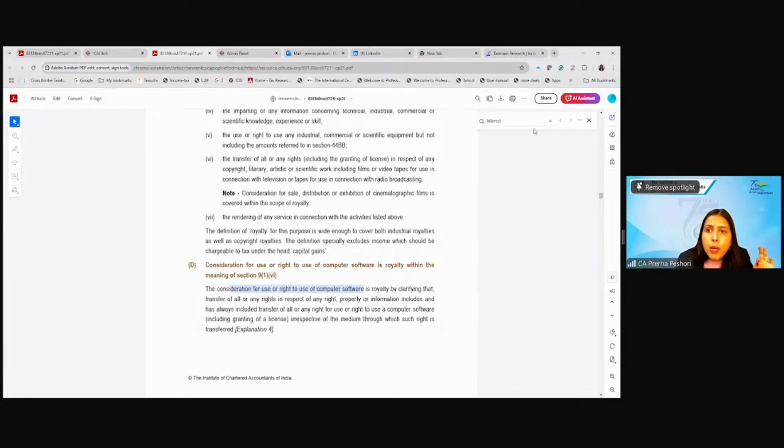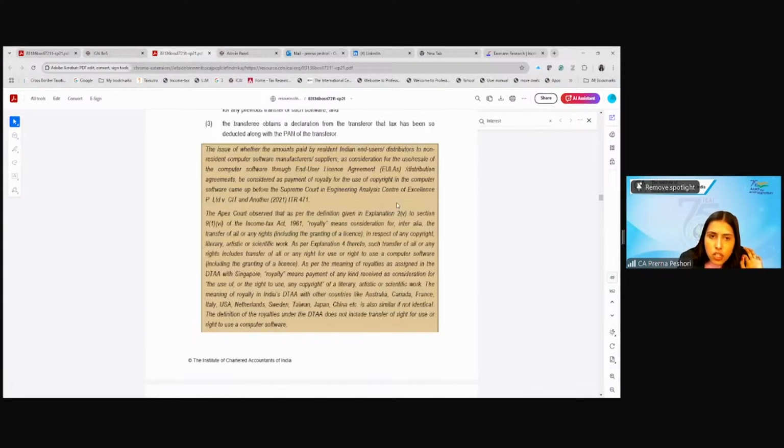However, we have a Supreme Court judgment on this particular point, which is in the case of Engineering Analysis. In Engineering Analysis, the question before the Supreme Court was whether the payment for the purchase of the software results in the transfer of rights in respect of any copyright and therefore results in payment as royalty. Because software always has a copyright.